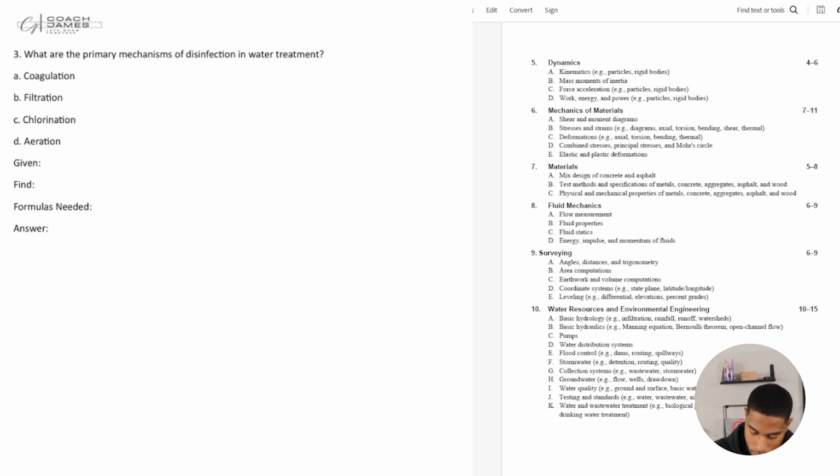No. Coagulation basically creates a film of materials that are in the water, and collects them and gets them out. But these are for solids, not for disinfection.